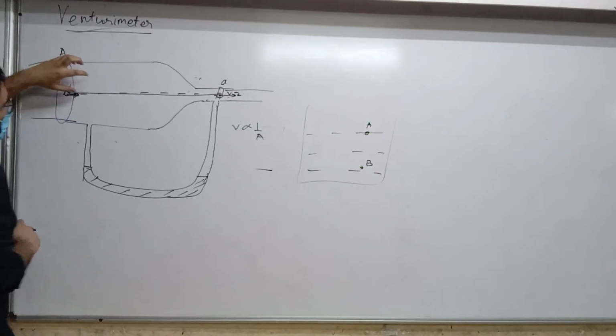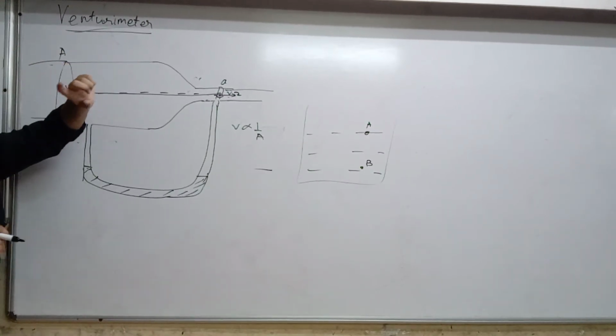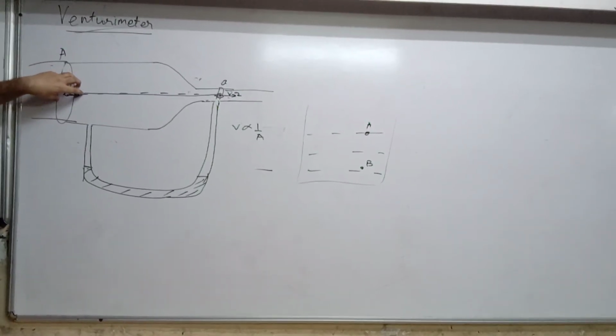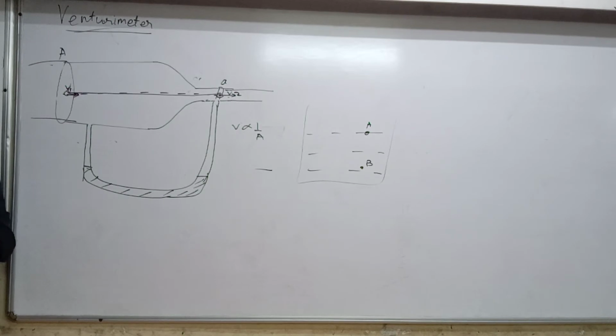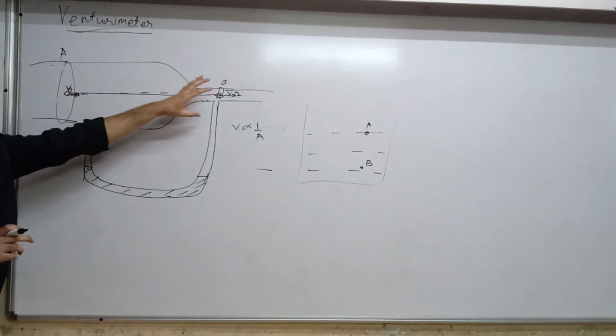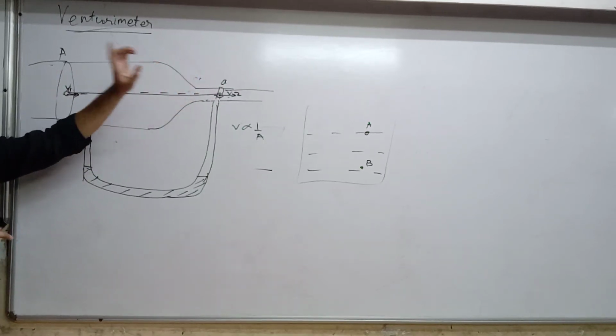So, what he is asking is that Pascal's law says that if pressure is applied at any point, it is transmitted everywhere. So, if we apply pressure here, would it be transmitted everywhere? Yes.